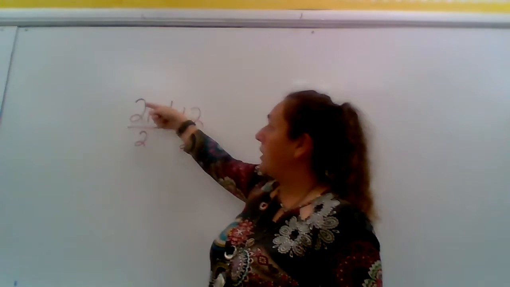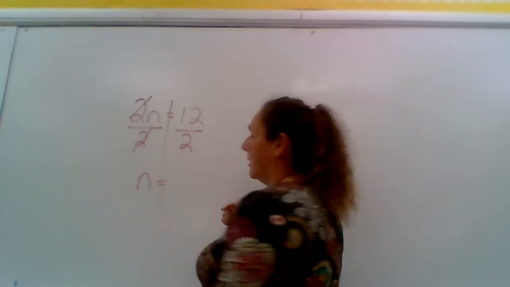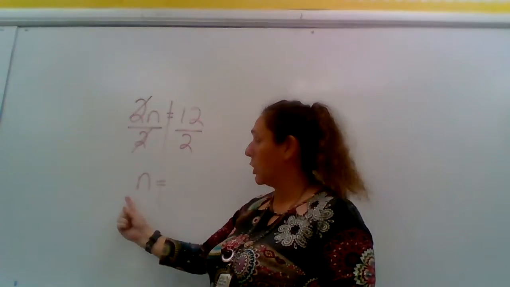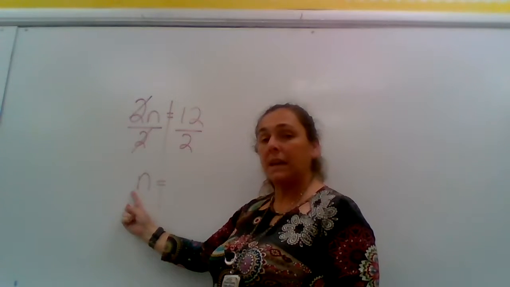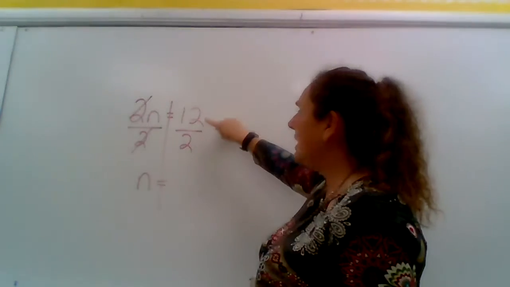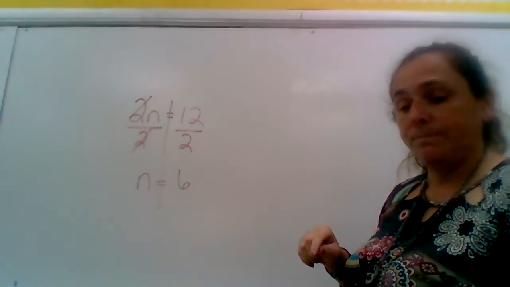So now we know that 2 over 2 becomes 1. So the number disappears in front of n. Remember, what's the coefficient in front of n when no number is there? It's 1. Now we have 12 divided by 2, and we get 6.